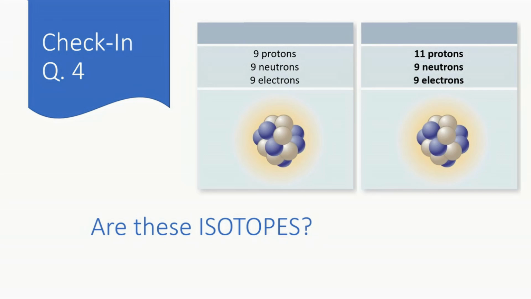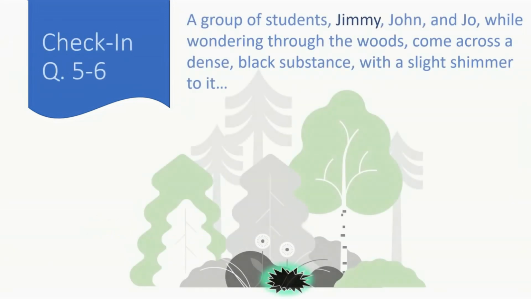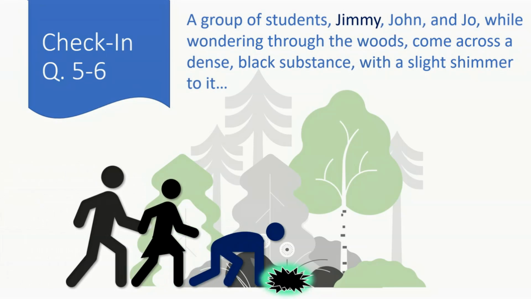And now let's apply what we've learned a bit. This is a more narrative format of a check-in question, so let's get into it. A group of students, Jimmy, John, and Joe, while wandering through the woods, came across a dense black substance with a slight shimmer to it.